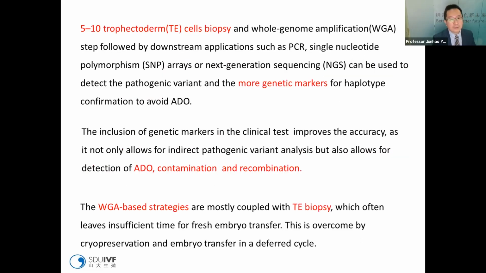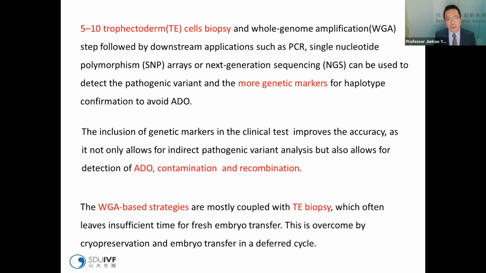So based on this, a biopsy of 5 to 10 TE cells is encouraged. And the WGA step followed by downstream applications such as PCR, SNP array, and NGS can be used to detect the pathogenic variants and more genetic markers for haplotype confirmation to avoid ADO.